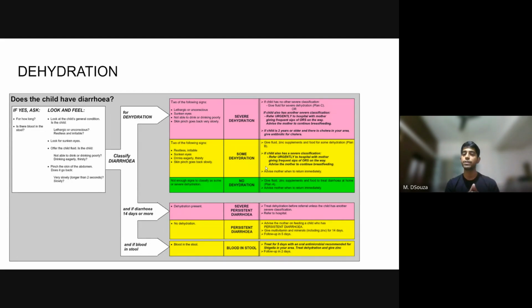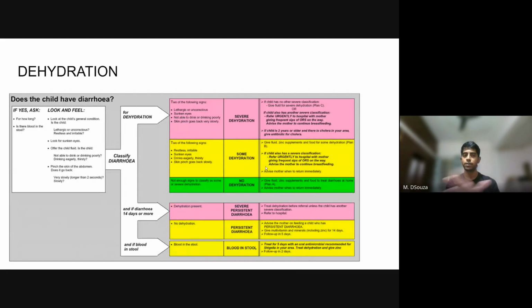For every child, we have to ensure that they have a certain amount of maintenance fluids, as indicated by the Holiday-Segar formula, plus an ongoing loss. So what we usually advise is anywhere between 5 to 10 ml per kg of ORS for every large quantity stool, or for every 3 small ones, to correct the ongoing losses. Maintenance fluids would remain as they are.